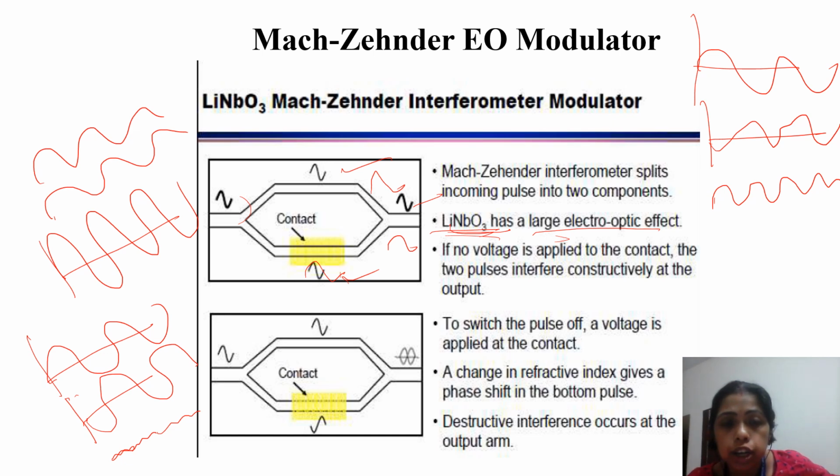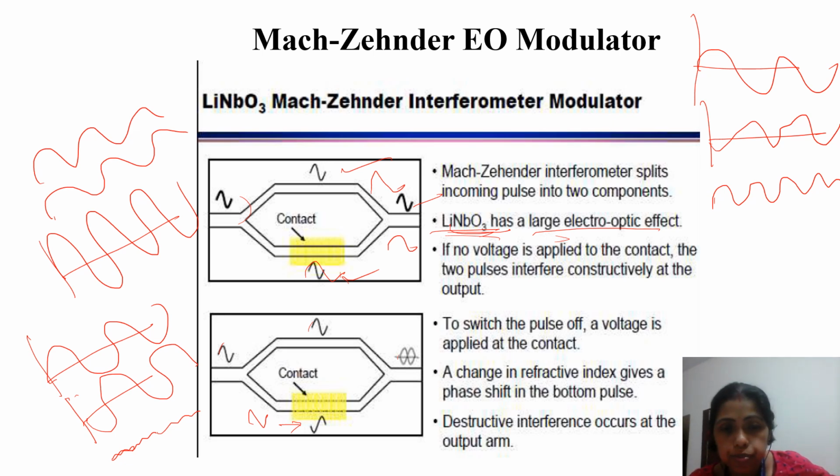Now come to here. In this case, the signal is split up into two different parts. Here is one part, and this will be the signal before coming into the material. If it is passing through the material, and at the same time we are applying the voltage to the material, the phase of the signal will change. So the resultant signal will look like this.